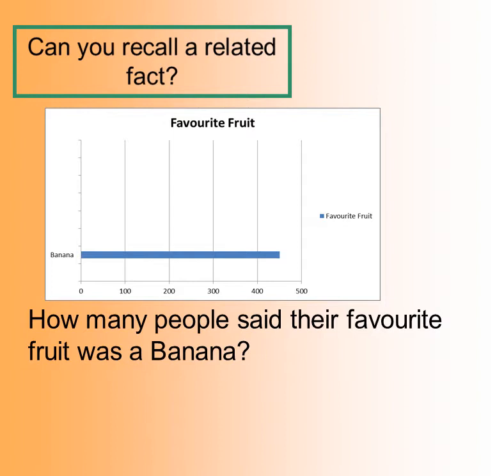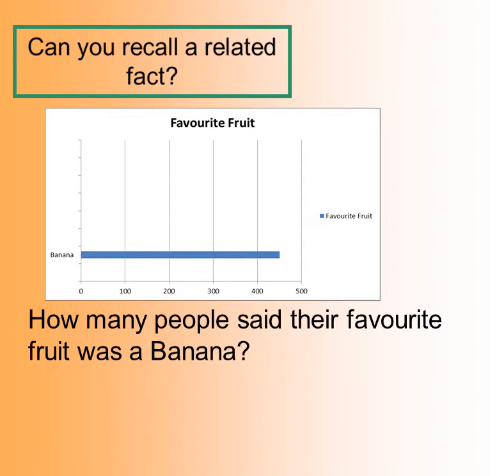So using our knowledge from just a moment ago, we know that half of 100 is 50. So halfway between 400 and 500 will be 450. So the answer to the question, how many people said their favourite fruit was a banana, is 450 people.